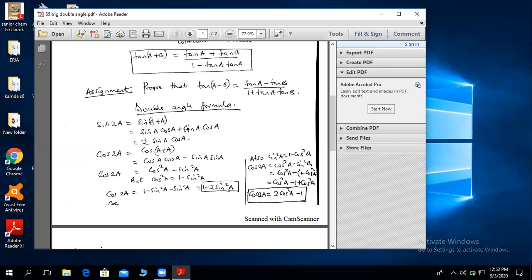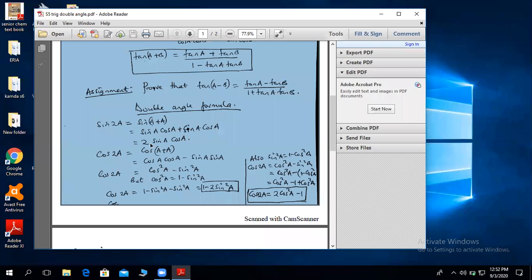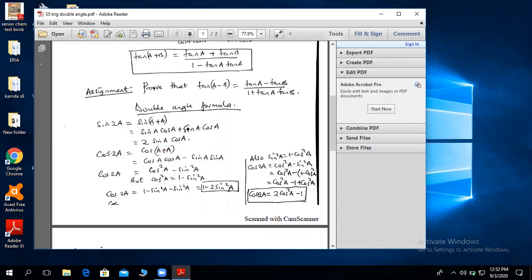And it gives me, this one becomes the same as this. These two are the same. So it will be 2 sin A cos A.